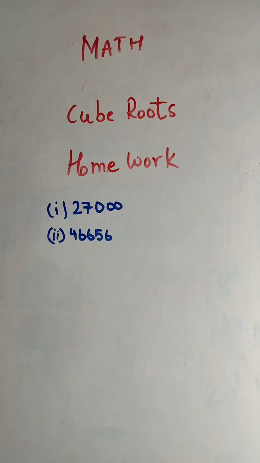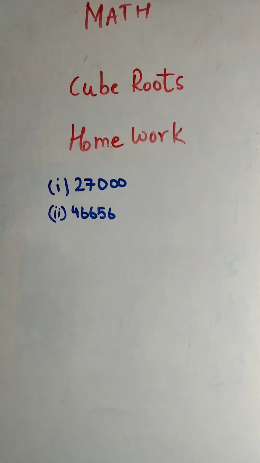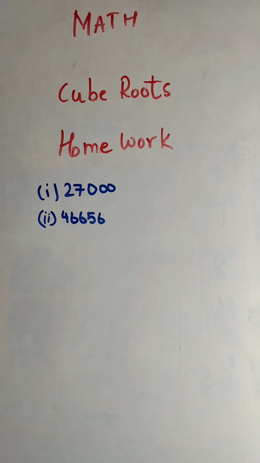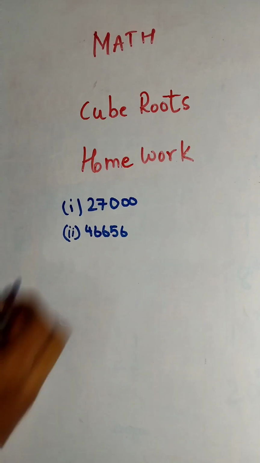But now time for the second part of your homework. That is nothing but the magical trick of estimation that we used to calculate just 2 or 3 seconds ago for you.